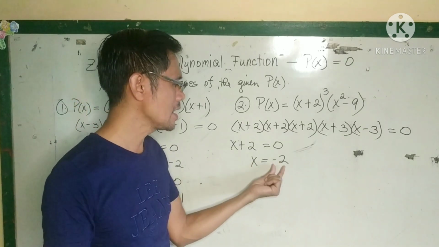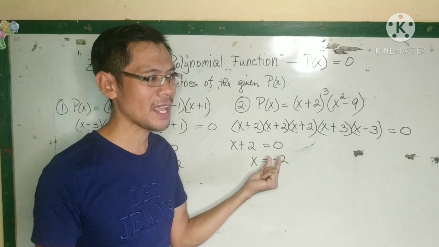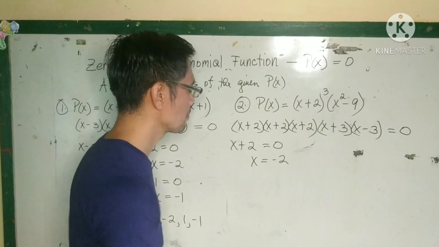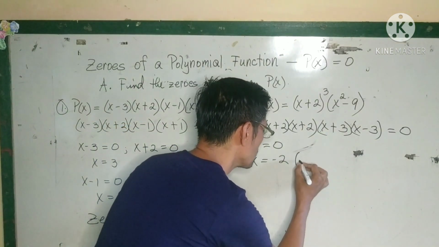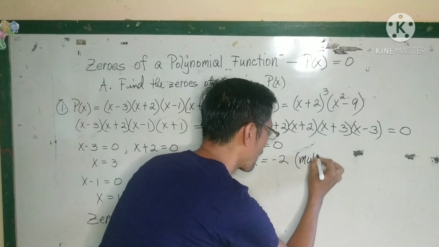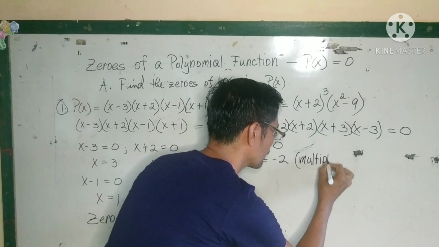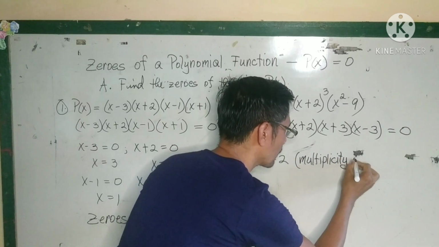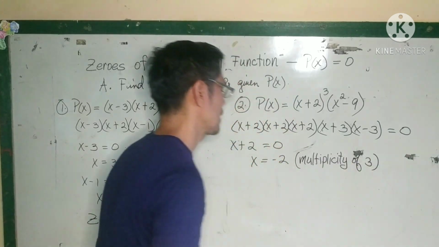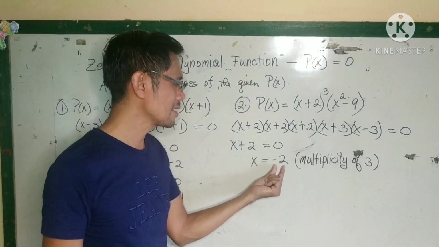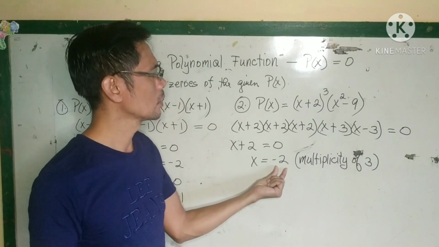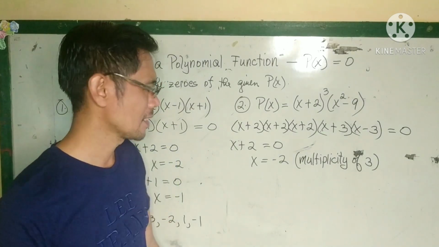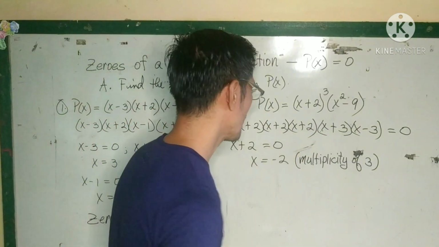Meaning to say, this negative 2 is taken 3 times as the root of the given p of x.